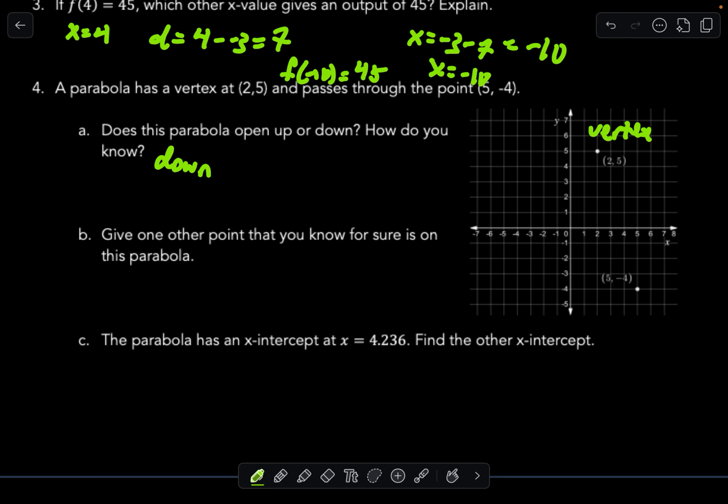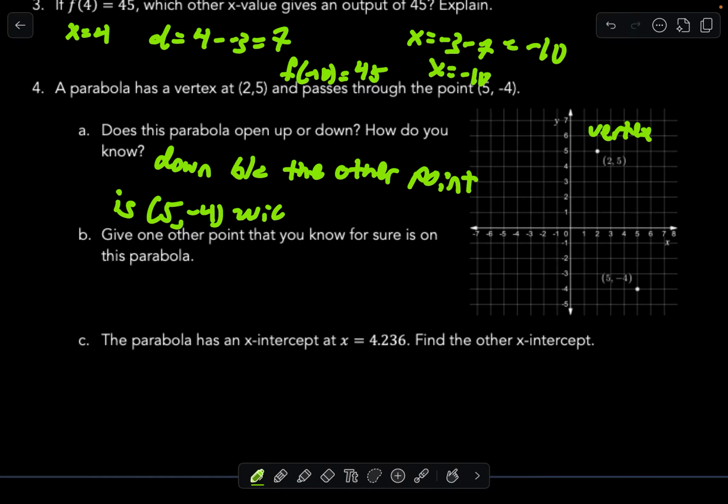Down, because the other point, (5, -4), is below the vertex. Okay?